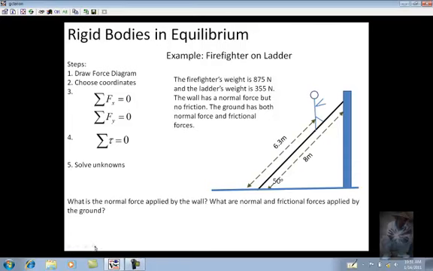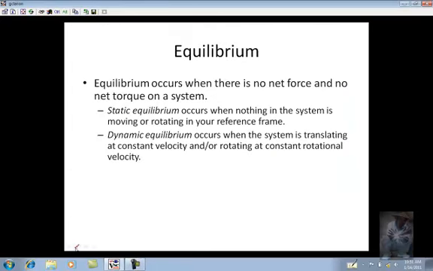Let's go to the next page here. So here are the conditions for equilibrium. There are 2 conditions. For static equilibrium, since we're dealing with 2 types of motion, both rotating and linear, static equilibrium is when there's nothing moving at all. It's neither moving in a linear fashion, nor is it spinning or rotating.